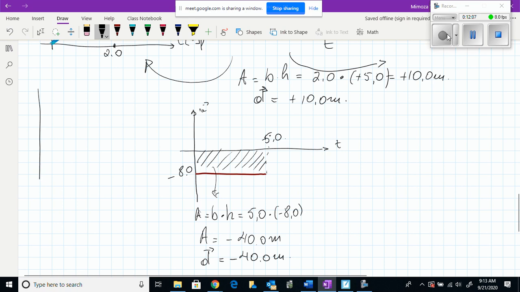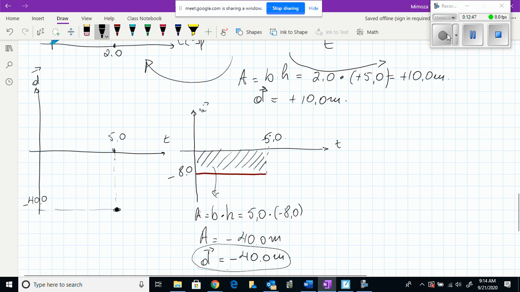So now let's build the displacement time graph. So time and displacement. We always assume that it starts from 0 unless there is a given situation, but it's safe to assume that you're starting from 0. So this is 5.0 seconds, and during that 5.0 seconds, the object is moving 40 meters down. So based on the scale, let's suppose that negative 40 is here.